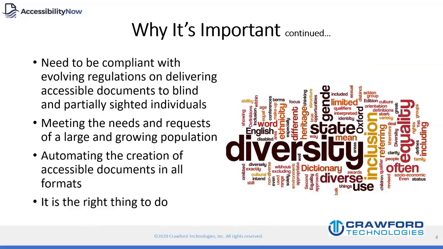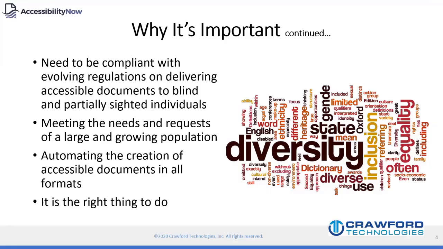What if some organizations don't feel that that is enough, even though that is the right thing to do, to provide information in whatever format is required for a person to interpret it in their own way? Well, for these cases, there are rules and regulations that dictate that this must be done. And therefore, there is a need to be compliant with these regulations.